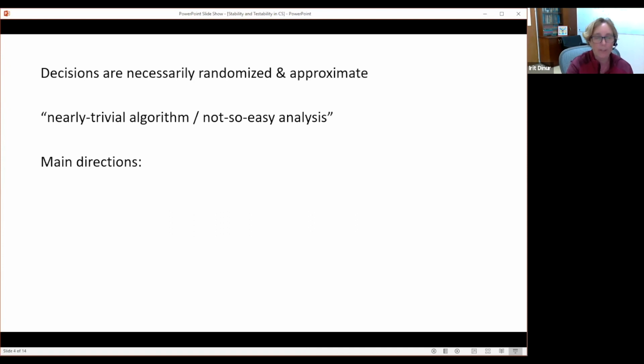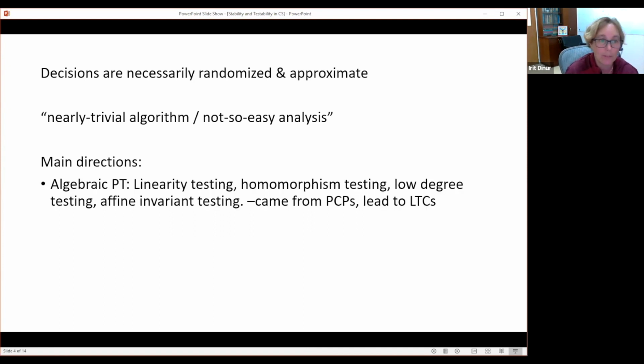So what are the main directions that people study? This is algebraic property testing, which is actually where the field emanated from. We have homomorphism testing, which is a generalization of something called linearity testing. There's low degree testing. I'll talk about these soon.